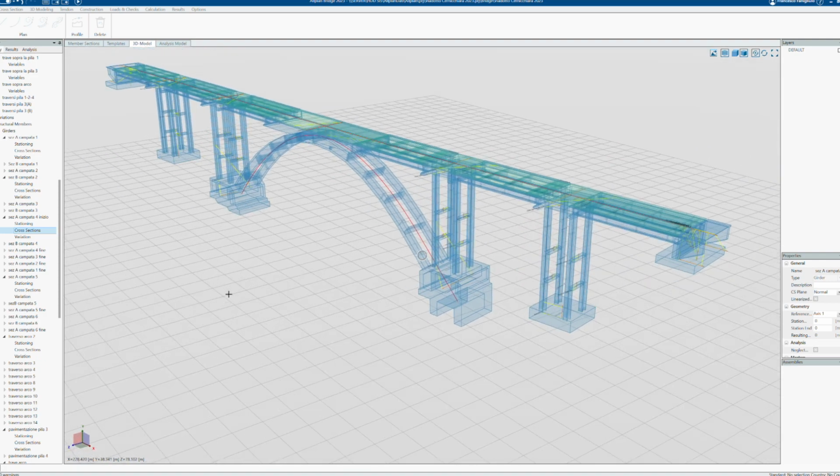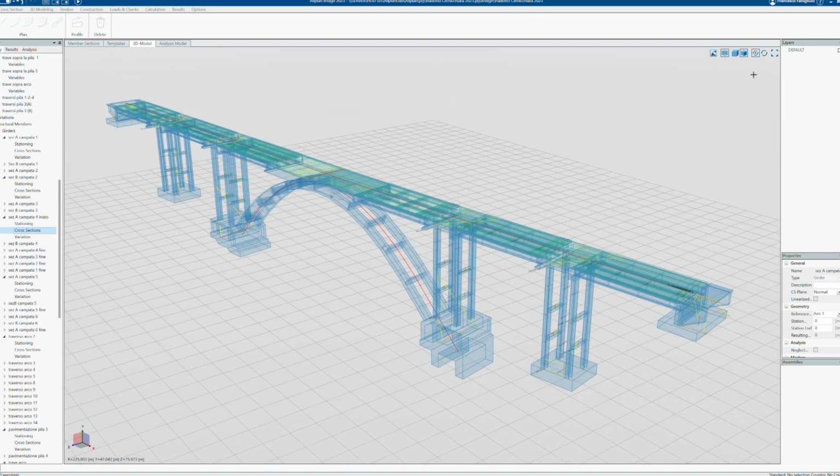The final recalculation allowed us to have the model's destination. Of course, this model was then furtherly implemented to conduct structural studies and to plan structural reinforcement interventions. Now, I kindly thank you for your attention. This is the end of the presentation.